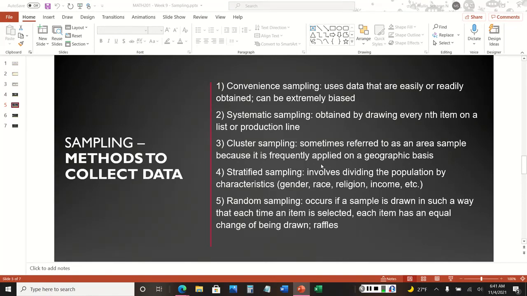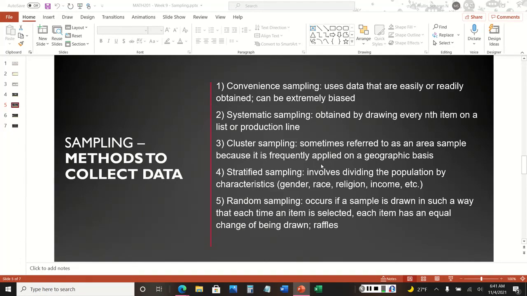The next type of method to collect data is systematic sampling. This is where you obtain your data by drawing every nth item on a list or production line.